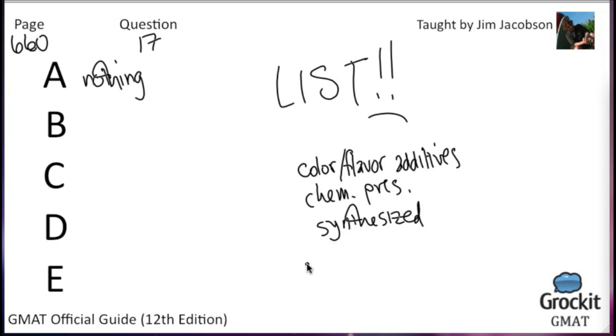So it does not make sense to have your definition of natural foods require them to contain something that's synthesized. We're using a little bit of our own outside knowledge of what constitutes natural foods here, but it really doesn't make sense to say that we don't want them to have nothing synthesized. We want them to have something synthesized. So anything that has the word nothing in it is going to be naughty. We can get rid of choices A and C.